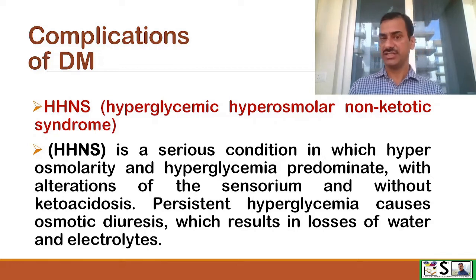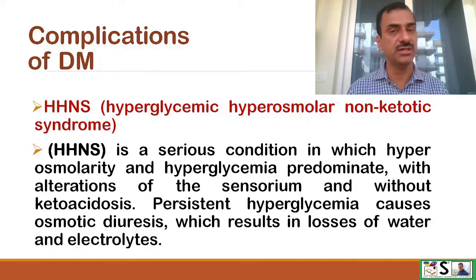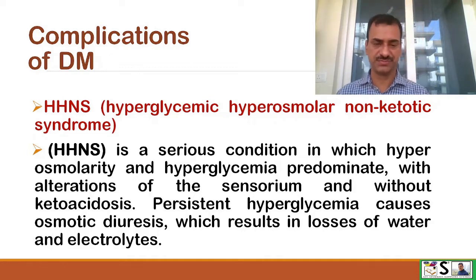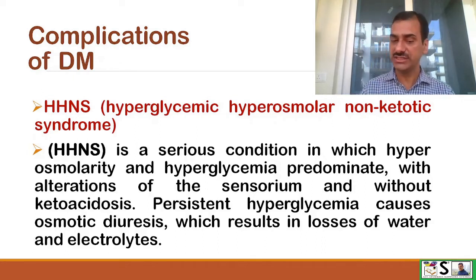HHNS is a serious condition in which hyperosmolarity and hyperglycemia predominate, with alteration of sensorium and without ketoacidosis. Persistent hyperglycemia causes osmotic diuresis, which results in loss of water and electrolytes.